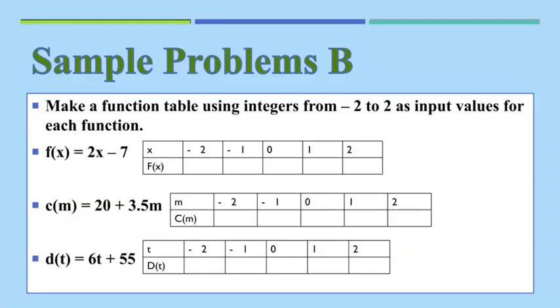Now our last part is they give us a function and they tell us what independent variables to use. We want to find out the output, which is our dependent variable.